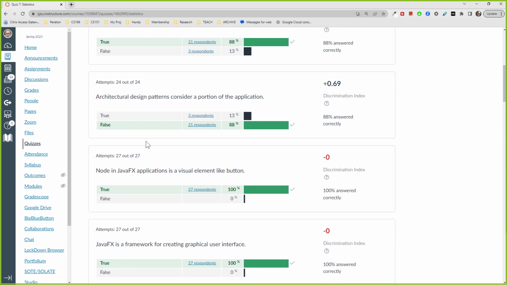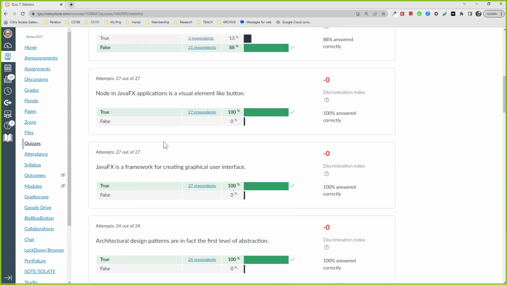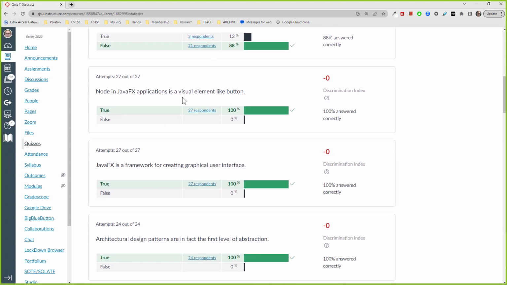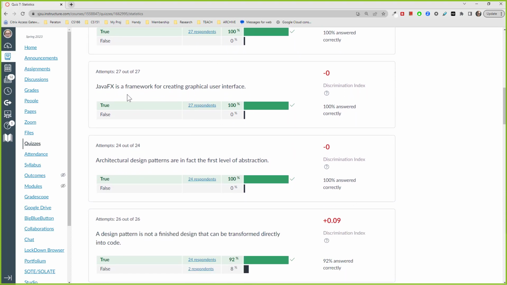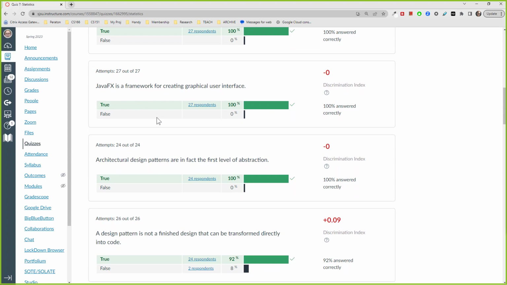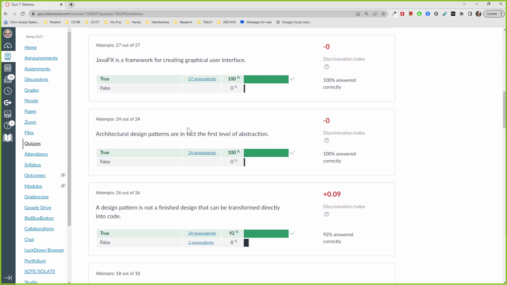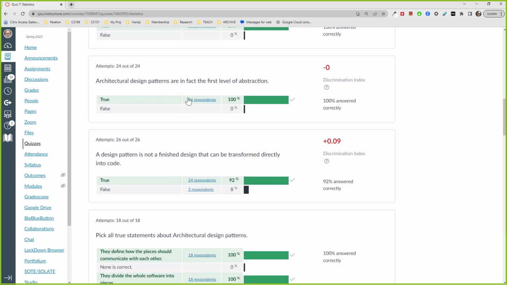Architectural design patterns consider a portion of the application. It's totally wrong. They consider the application as a whole. A node in a JavaFX application is a visual element. Yes, 100%, very good. JavaFX is a framework for creating graphical user interfaces. That's true. Architectural design patterns are in fact the first level of abstraction.